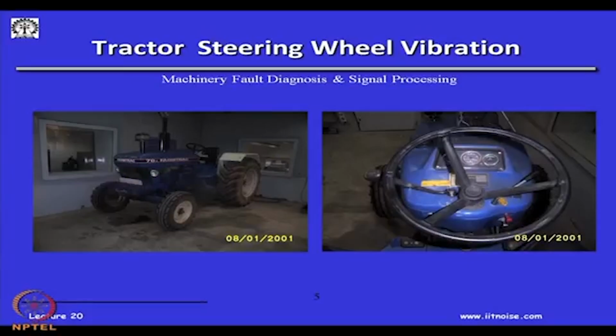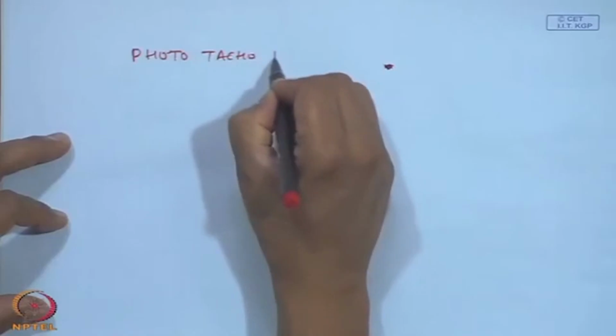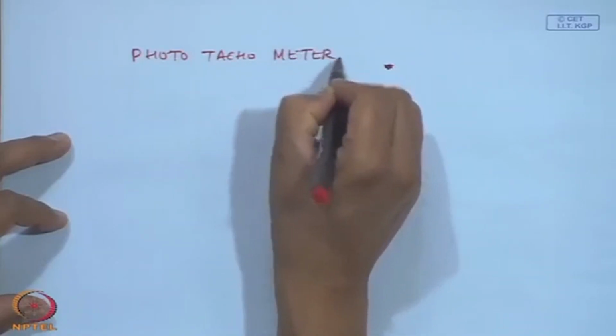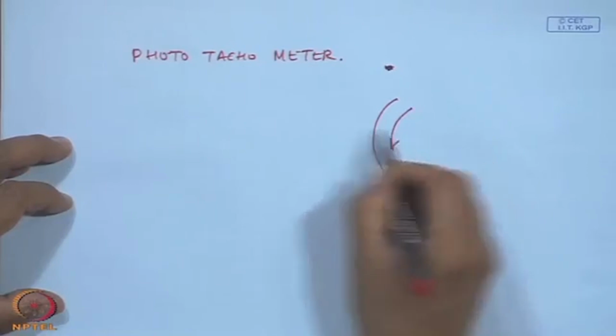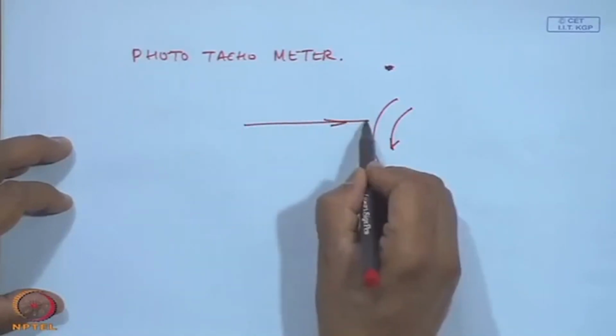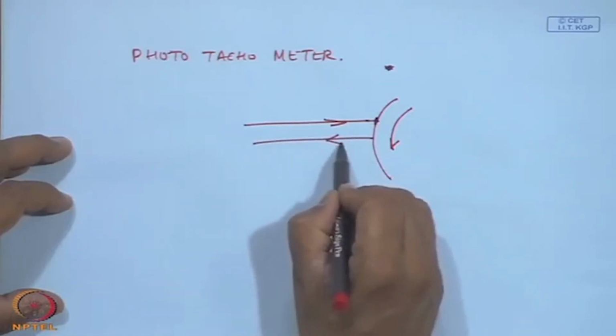Now, how do we do the rotational speed monitoring? Okay, and sometimes we can use the reluctance type pickup. Sometimes we can also use a photo tachometer, wherein of course this is a shiny surface. So, if you shoot a light beam, okay, and if there is a shiny patch, it is going to reflect back.